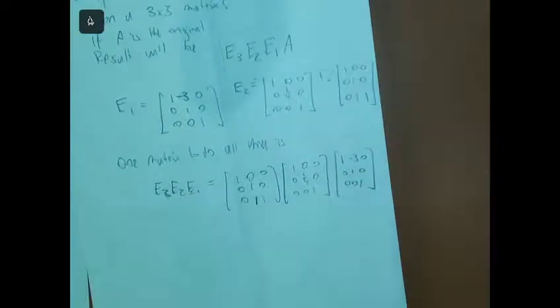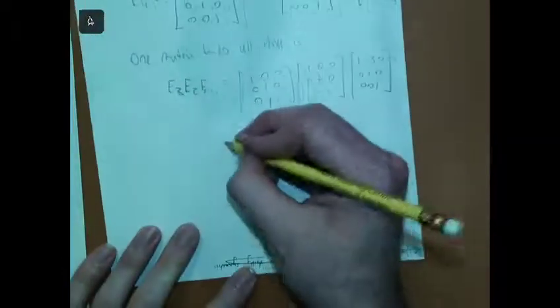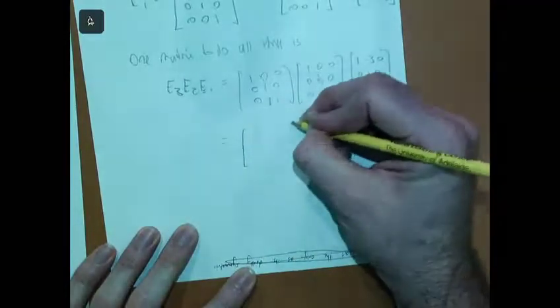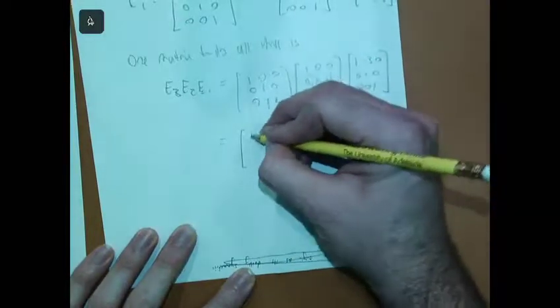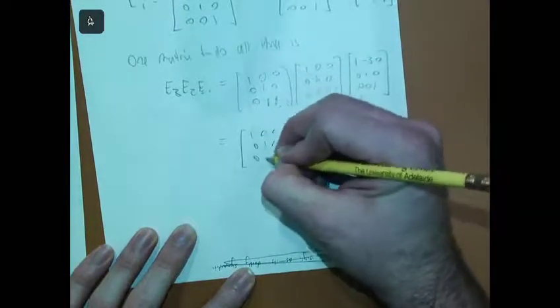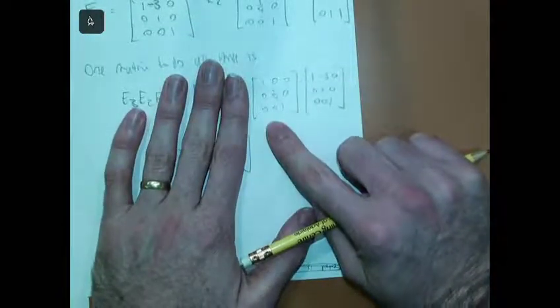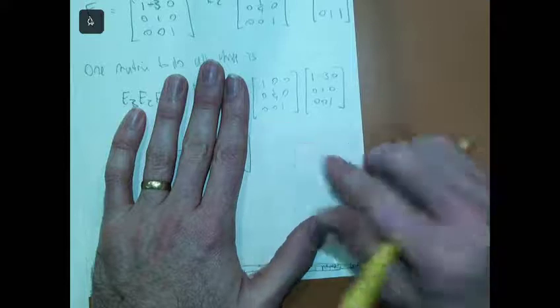And it is less difficult to multiply elementary matrices than it is to multiply other matrices, because multiplying on the left by an elementary matrix does a row operation. This one does multiply row 2 by a quarter, so that's what I'll do.